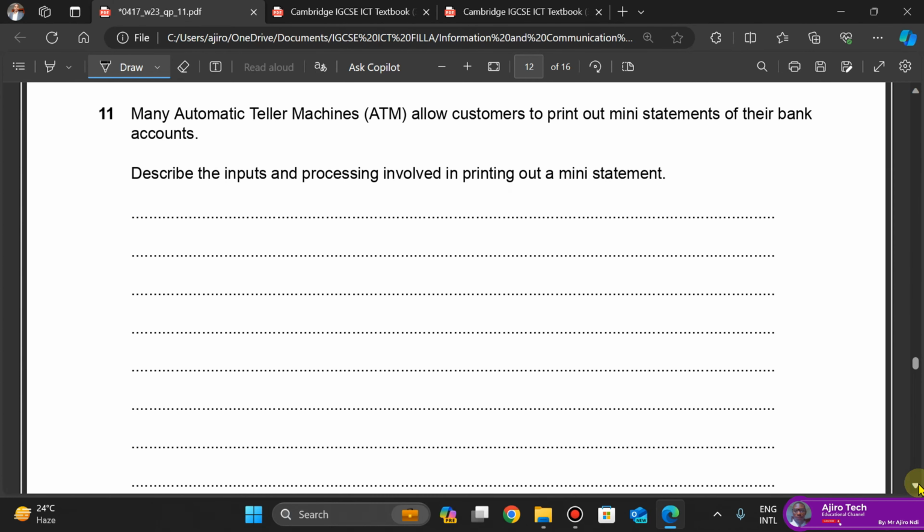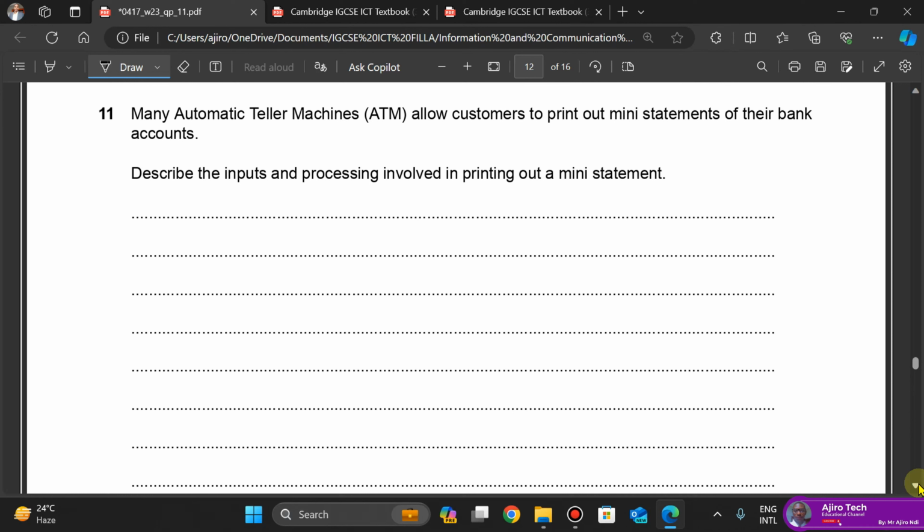Question 11. Many automatic teller machines allow customers to print out mini statements of their bank account. Describe the input and processing involved in printing out a mini statement.